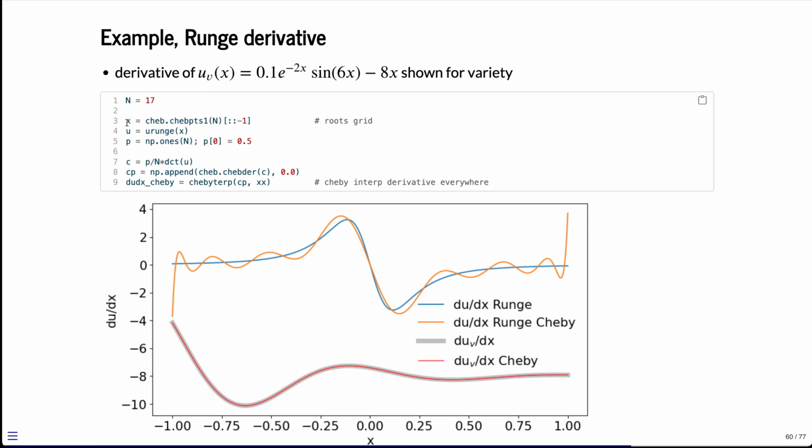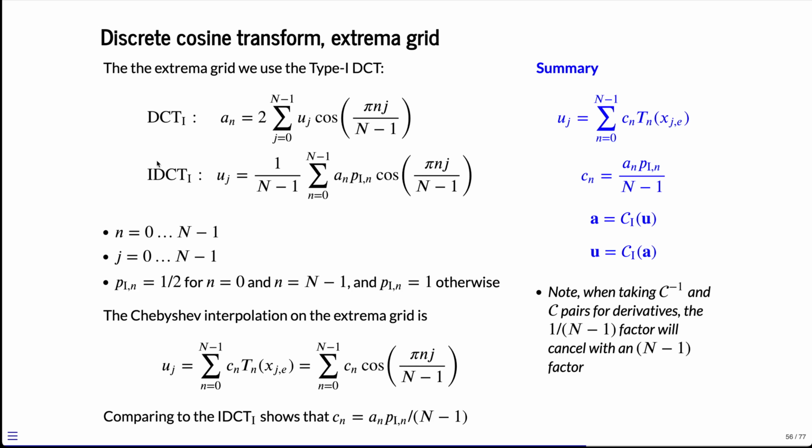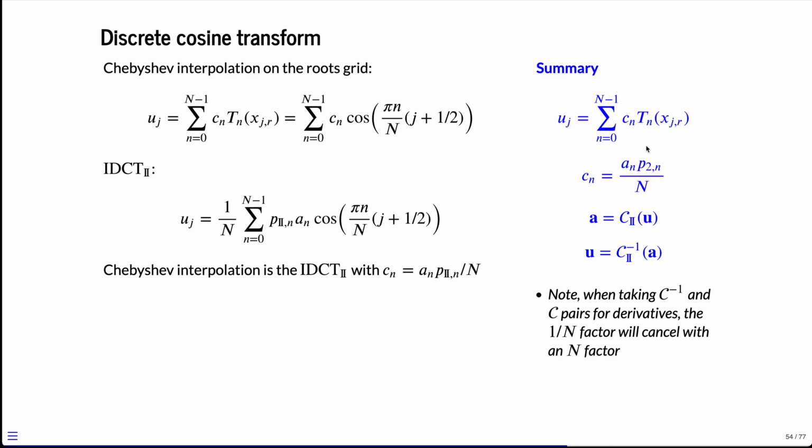Then we calculate the P array here, and so the C is this, so that we can use the discrete cosine transform like we discussed in the previous presentation. So we have the discrete cosine transform of u, that gives us A, and then we convert it to C by multiplying by P and dividing by N. So we can go back up here, that's applying this.